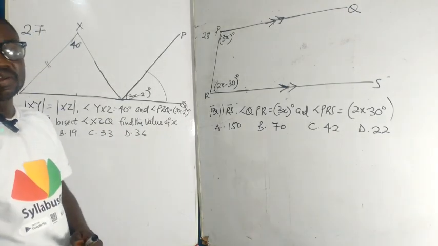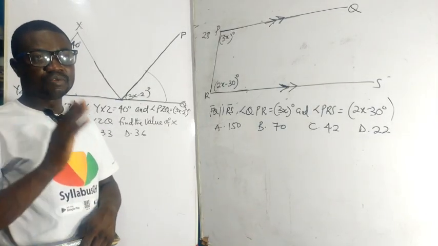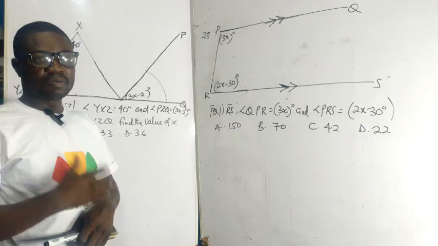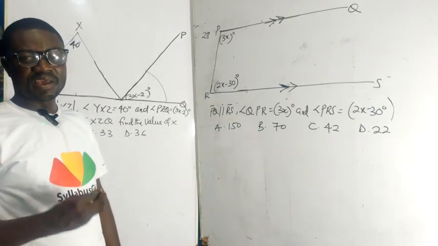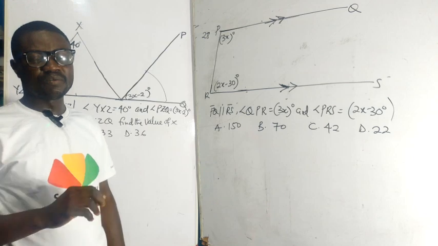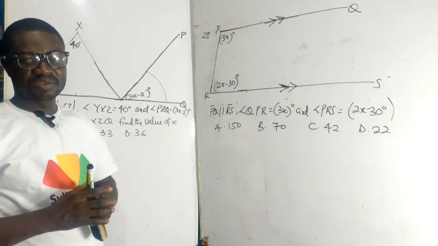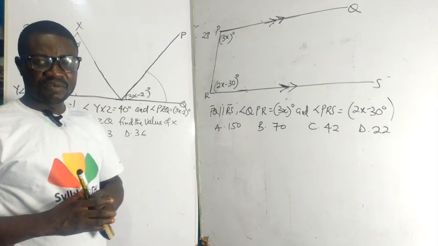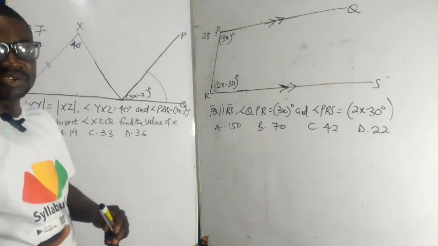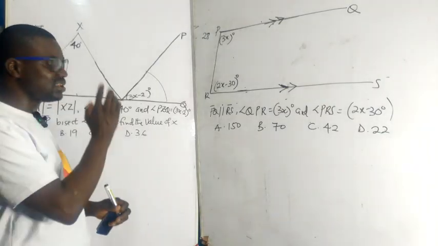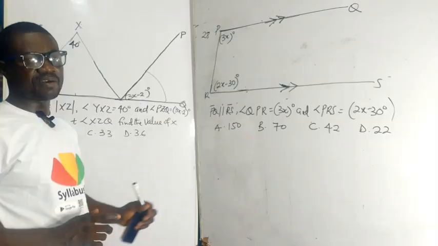Now, in this case, there's two ways to simplify this question. I'm going to teach you the best approach. When you have a question like this, what you have to consider is two important pieces of information. The first is the major information, and then the minor information. The major information will always be stated in the question, and at the same time, it will be stated in the diagram.